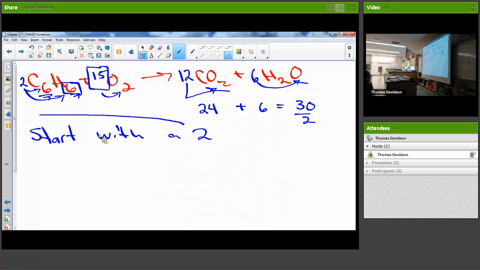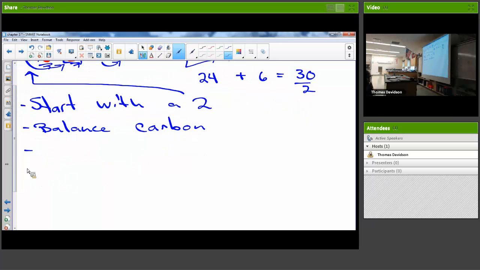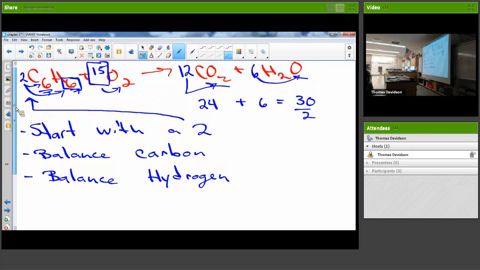Okay, so if you're going to write down the steps, the first one, start with a 2. And that means double the thing at the start, double the hydrocarbon. The second thing is to balance your carbons. The next one is to balance hydrogen. Now, I said it in a little bit of a unique way.